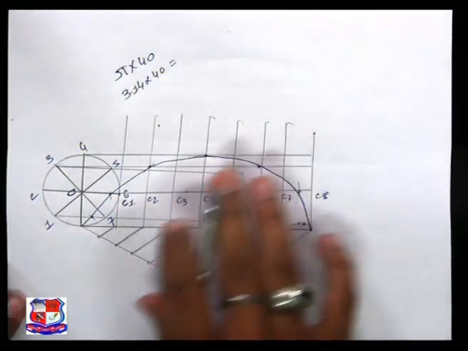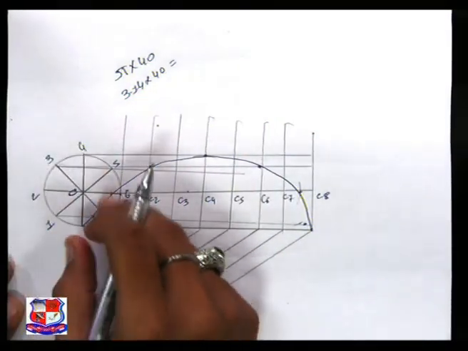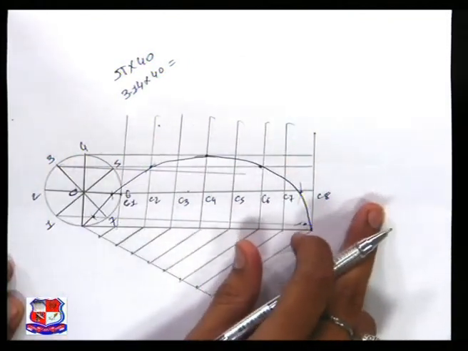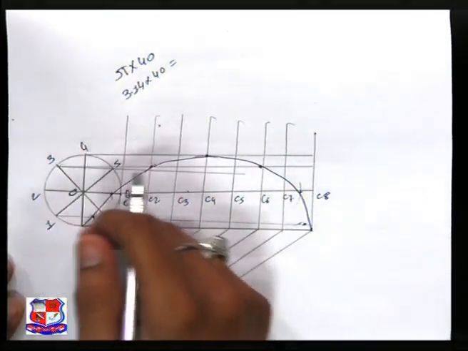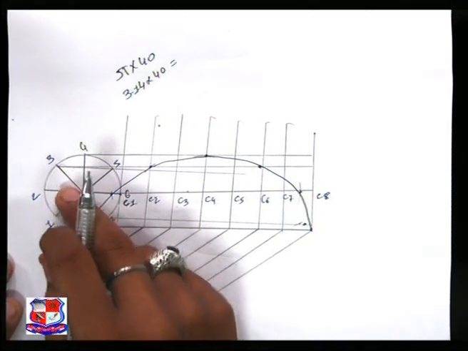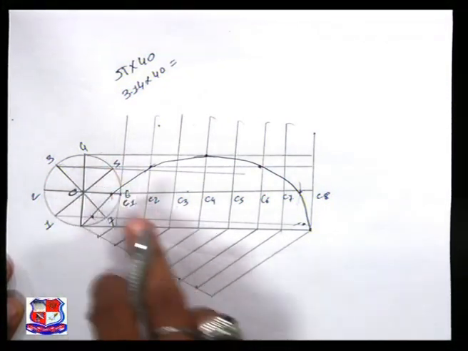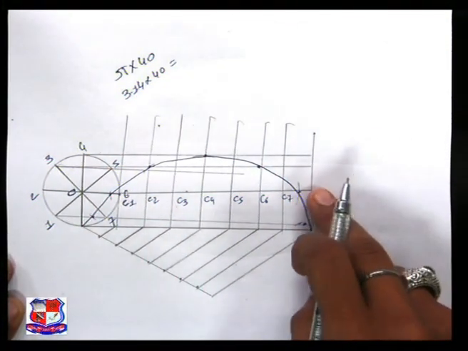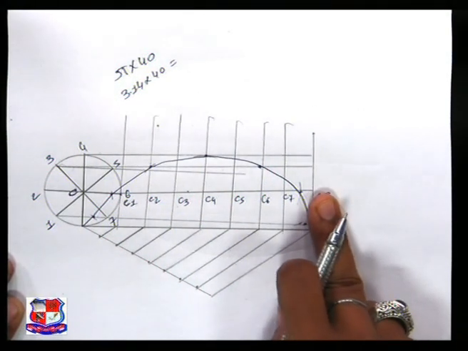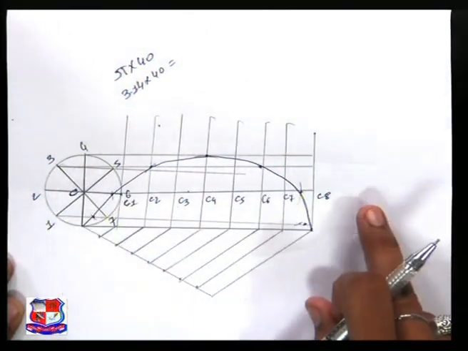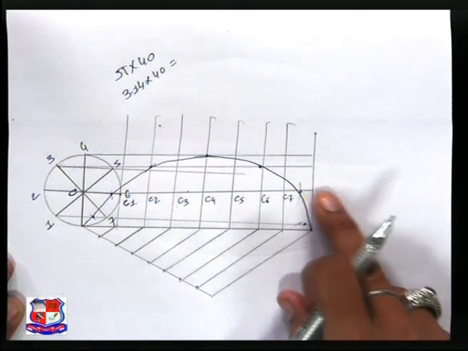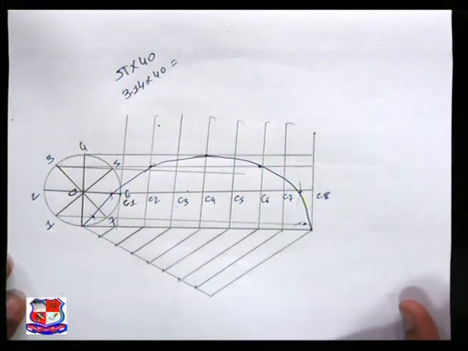So this is how you can draw a cycloid which is rolling for its one revolution. We have divided this circle into 8 equal parts. One by one, the 8th part comes as center C8. This center will shift after one revolution over here. So this is how you can draw a cycloid.